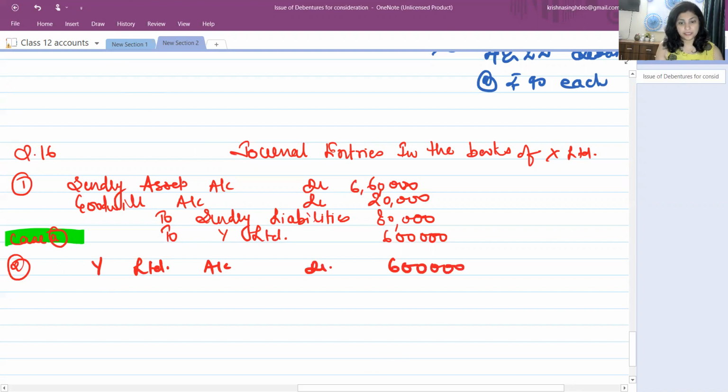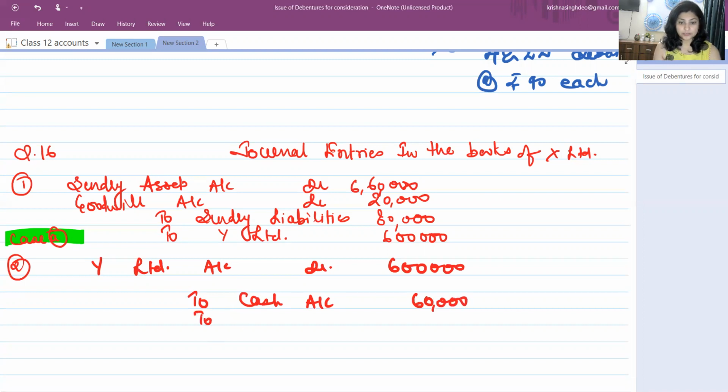And in case A, we paid 10% cash and for the balance, debentures were issued at par. So here we are going to write to cash account. Cash was 10%, so 10% of 6 lakh is 60,000 rupees. And debentures were 12% debentures. So to 12% debentures, and here it is going to be 5,40,000.